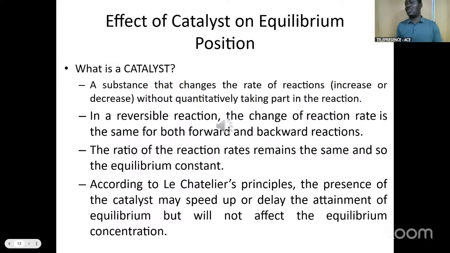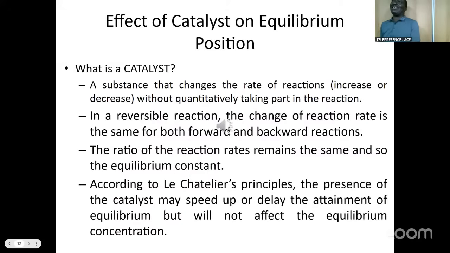That's the first thing you need to know before you begin to look at the effect of inert gases. For example, for a situation where delta n is positive, and at constant pressure you have added an inert gas, so you cause an increase in volume.